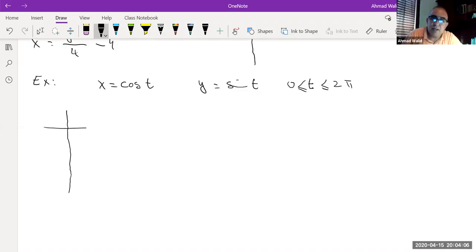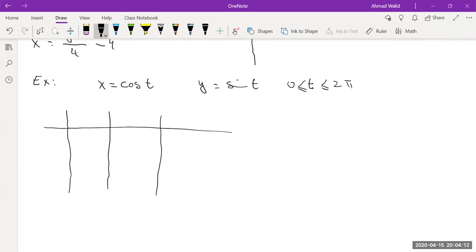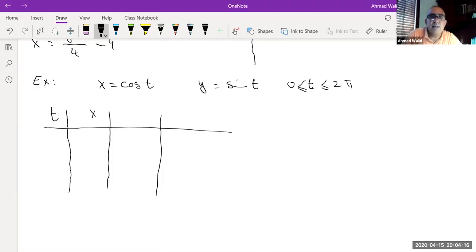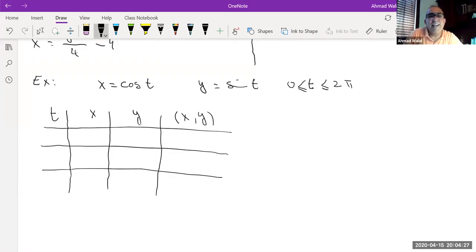Do you want to try for a few minutes? Or do you want me to set it up for you first, then you try? Let's just try for a few minutes. Your t, your x, your y, here order pair of xy. Tell me, what is the starting point? What is your initial point? 0.